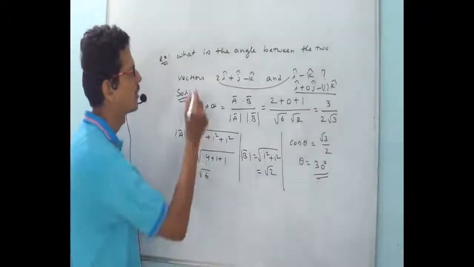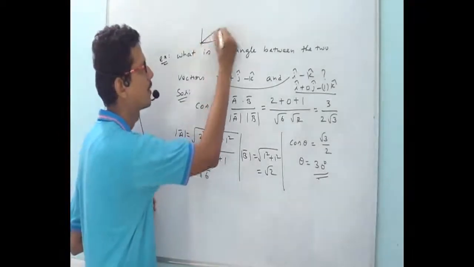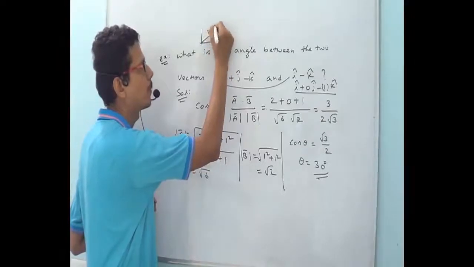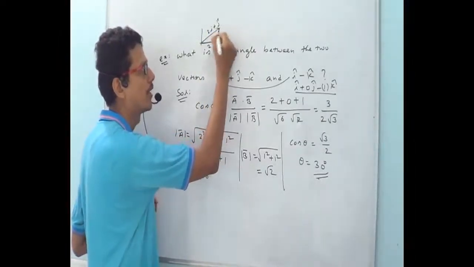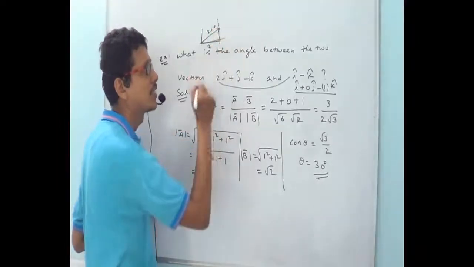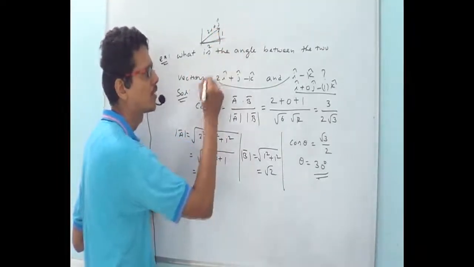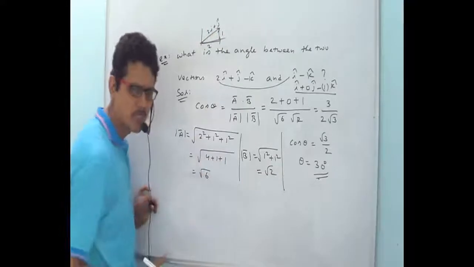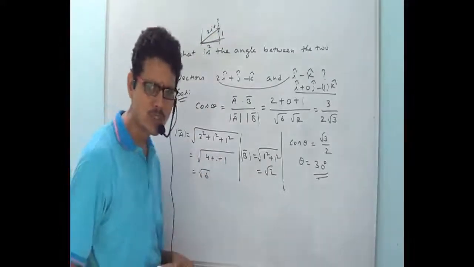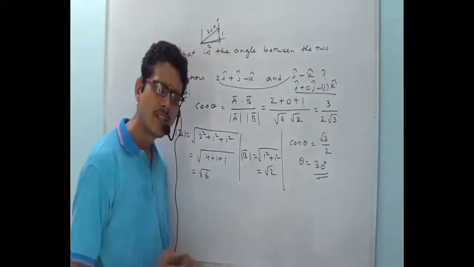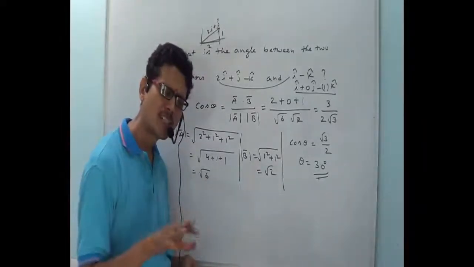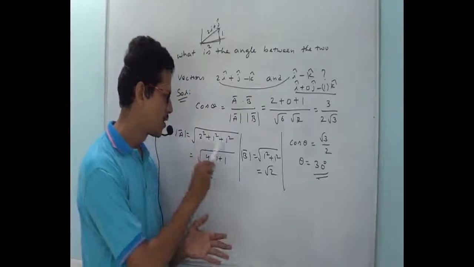So I have a vector, for example, a 2-dimensional vector. 2i cap plus j cap, 2 units along x direction and 1 unit along y direction. And what is the resultant? What is the magnitude of this vector? Hypotenuse, na? Hypotenuse means root over 2 square plus 1 square. If a 3-dimensional vector is there, then root over rx square plus ry square plus rz square.